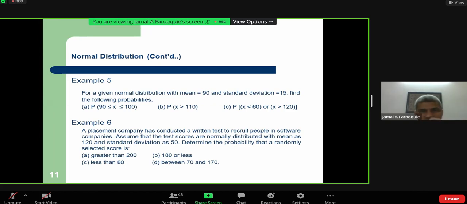For example, now the first one: for a given normal distribution with mean 90 and standard deviation 15, find the following probabilities. Do the first part.